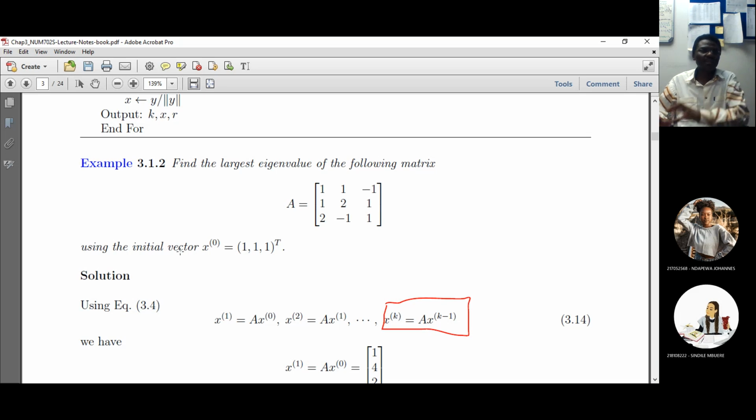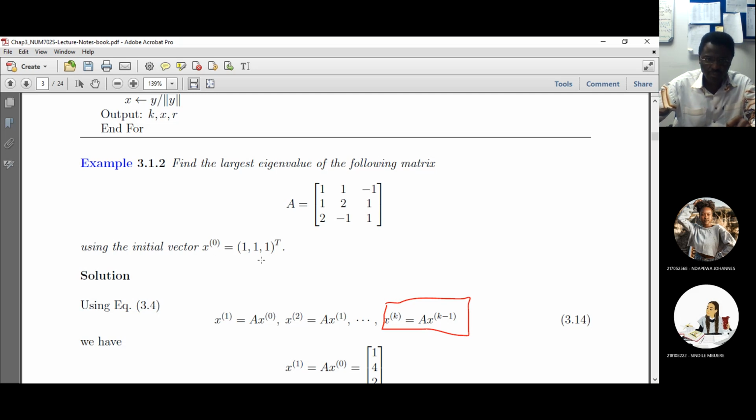That's why a good choice of your initial guess will reduce the number of iterations towards convergence. I hope you understand the explanation. It's very important to understand these things. Okay, so we assume you have a good initial guess.